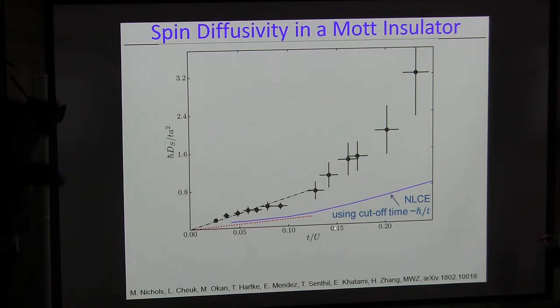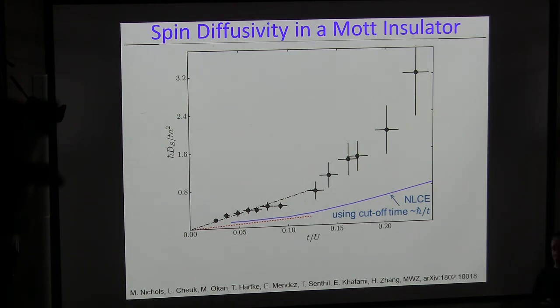So to summarize the results on one plot, we get the spin diffusivity here as a function of T over U. So the atomic limit is over here, where you have strong on-site repulsion, and here you have weak on-site repulsion. So with strong on-site repulsion, you expect the system should at low temperature be a Heisenberg model, and you have a certain prediction, that's the dashed line, of what should happen for a Heisenberg model.